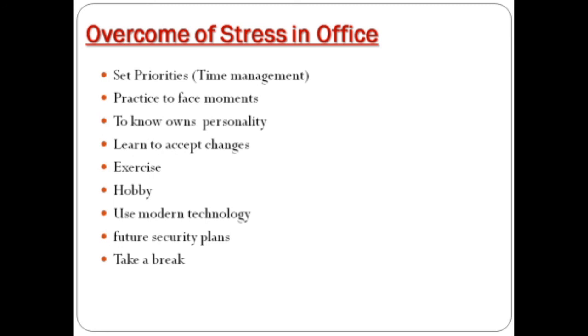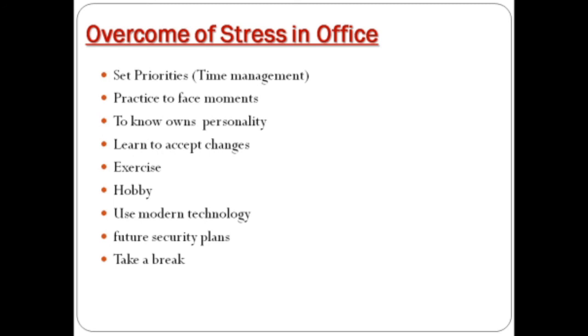Seventh, use modern technologies in your day-to-day life and work. It saves your time, money, and work also. So try to become techno savvy. The eighth solution to avoid stress is to mark out future security plans. When you get old, how can you support yourself without support, economically and relationship wise also.